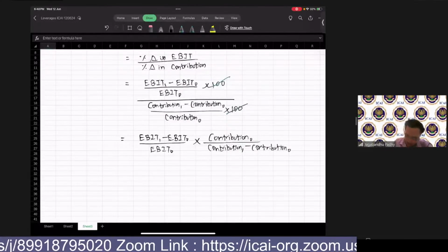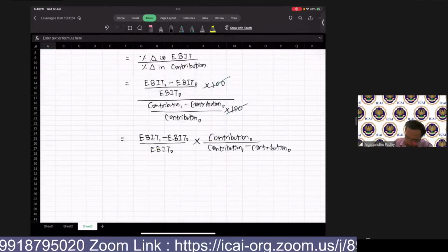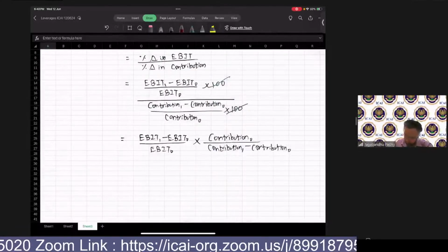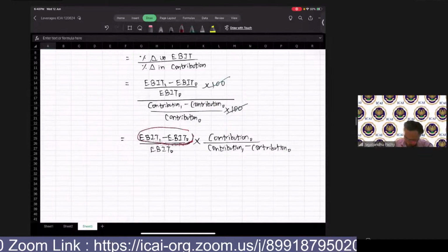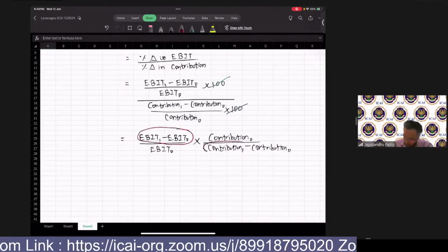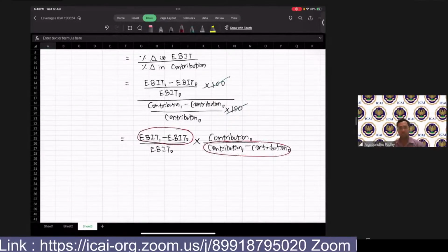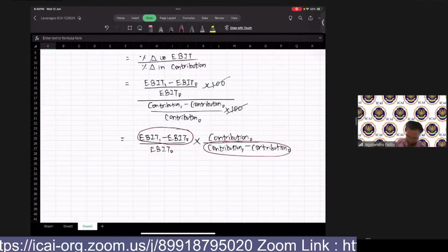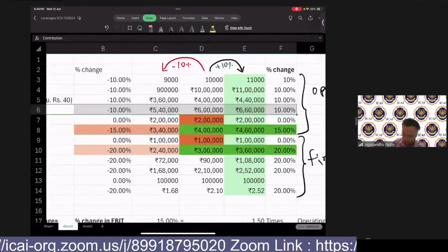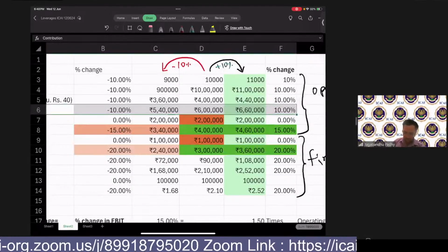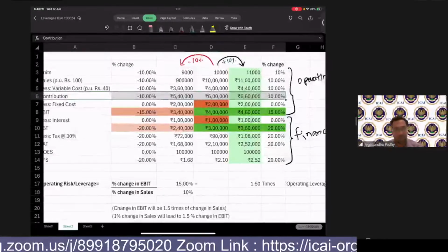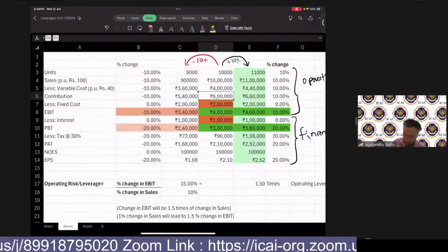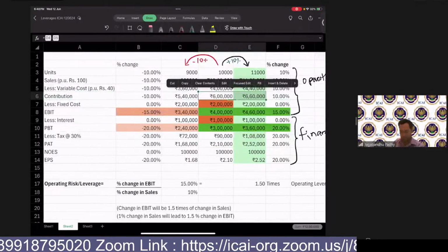Right? Prominently, I want you guys to look at these figures: EBIT 1 minus EBIT 0, and contribution 1 minus contribution 0. What you observe is the amount-wise change in contribution. Here we observe that contribution changed from 6 lakh to 6 lakh 60,000.